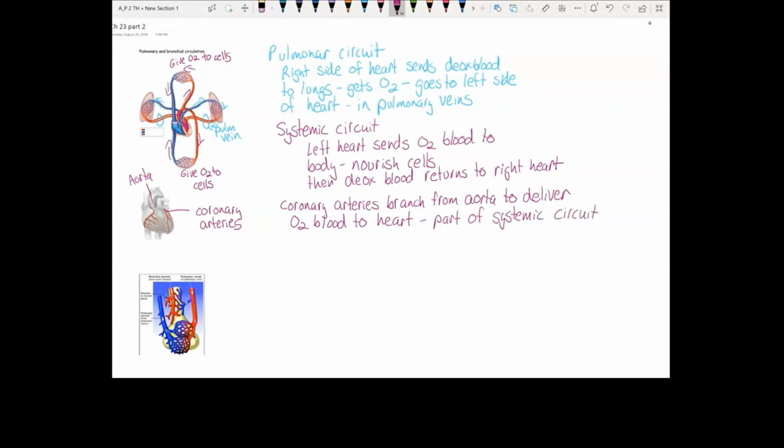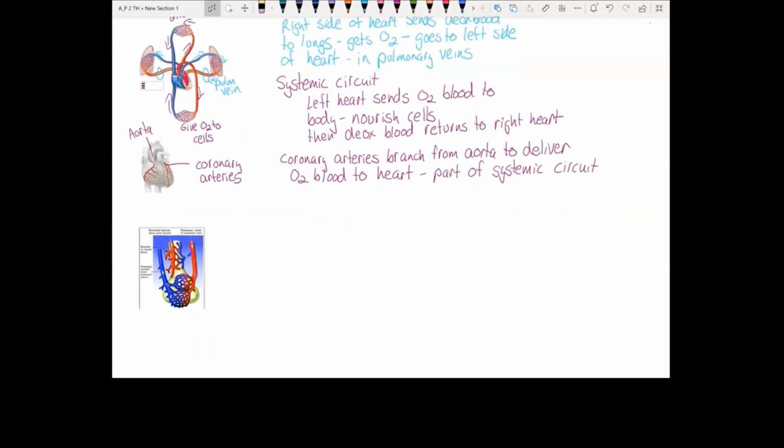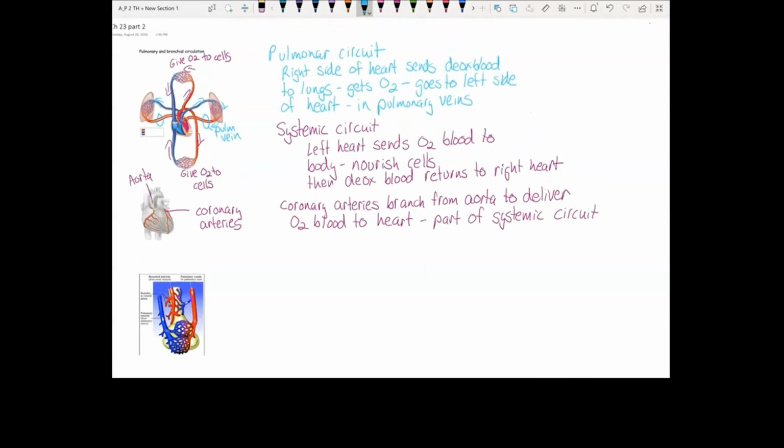Okay, now think about your lungs in the same way as the heart. There's all this pulmonary blood in your lungs. So we can see here your lungs are full of pulmonary blood.